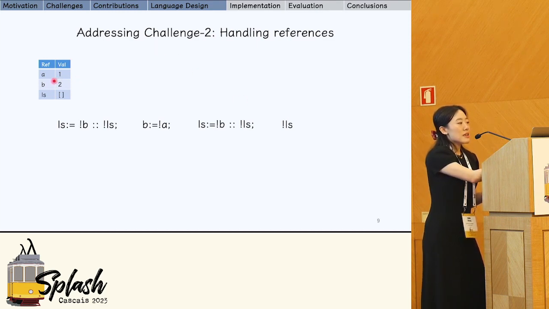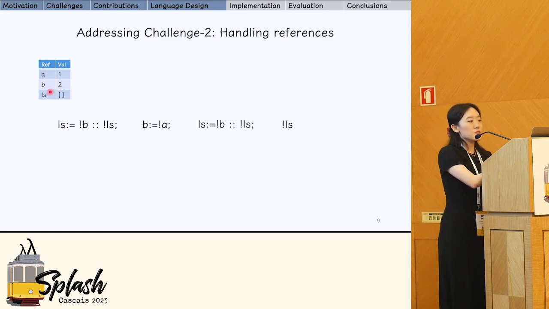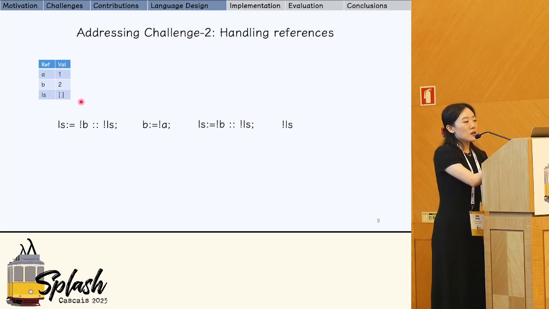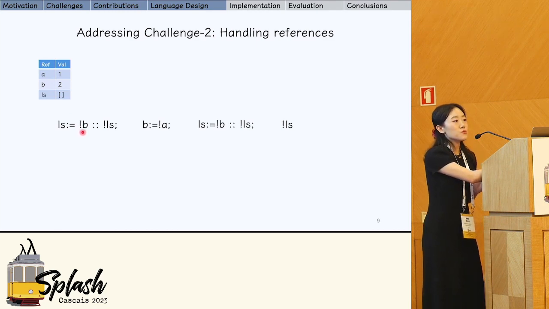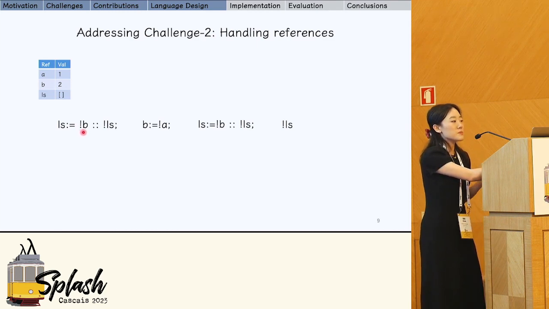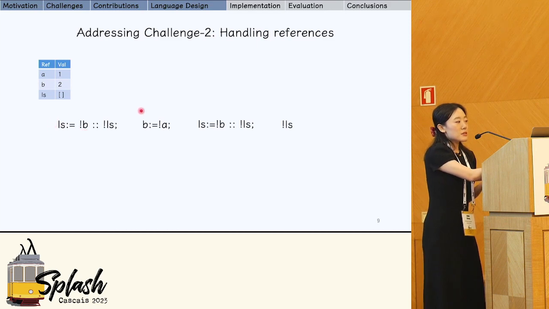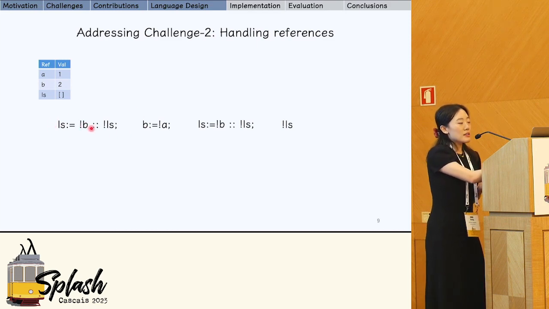So this is an initial state which maps references to values: A to 1, B to 2, and LS to an empty list. A colon and an equal sign indicates assignment, and these exclamation marks indicate reading a reference's value from the state. So this code means assigning a list construction of B's value and LS value to LS.